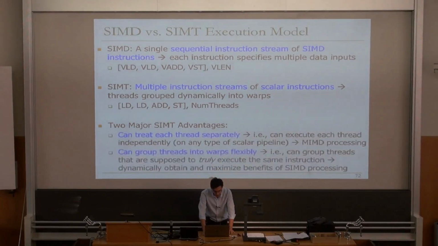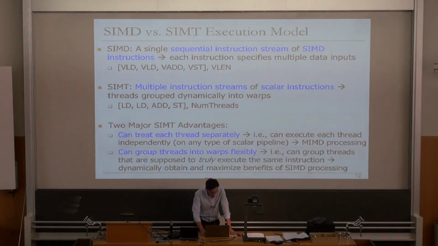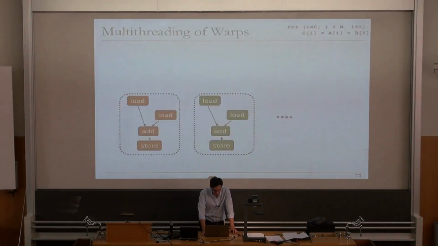Let's take a look at them. The first advantage is that each thread can be treated separately. We can execute each thread independently on any type of scalar pipeline. We can do some kind of MIMD processing. And then we will see that it is potentially possible to group threads into warps flexibly. So let's first take a look at this first advantage.